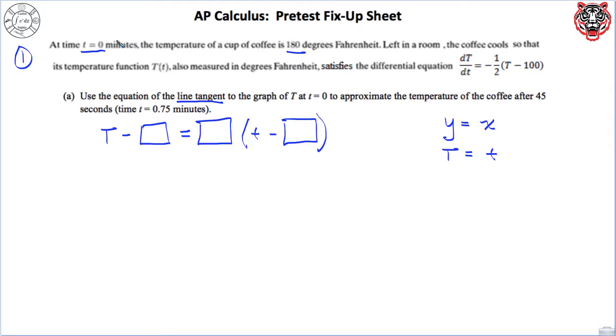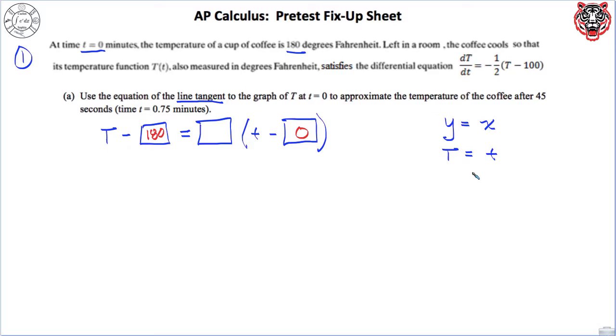So at time equals 0, we have 180 degrees. That's our coordinate point, and somehow we have to find the slope, and we don't have the slope, so we have to use this equation here.